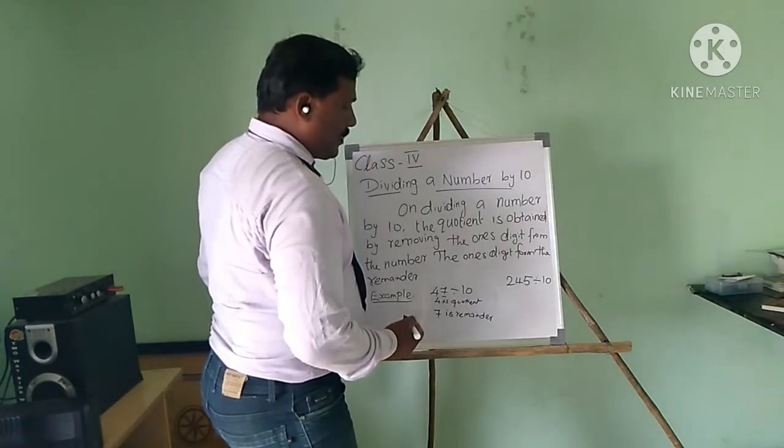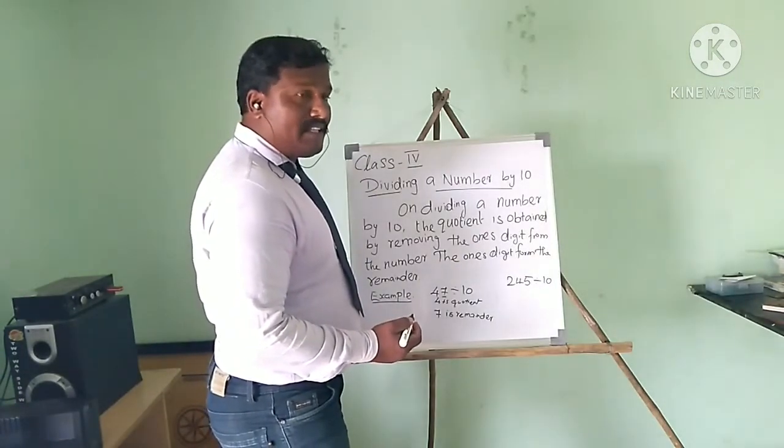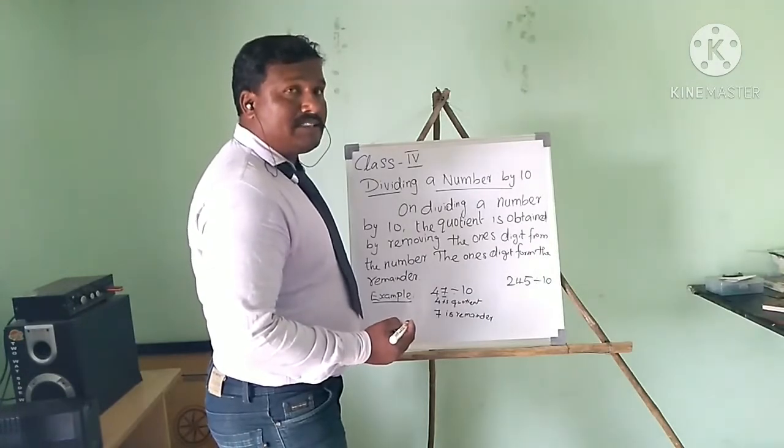So simply you can find the quotient and remainder when you divide by 10.